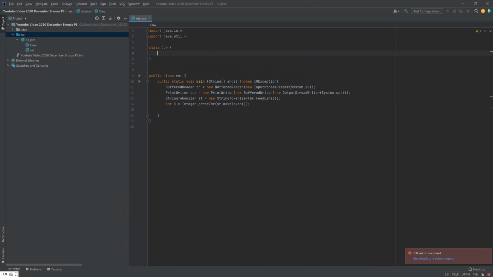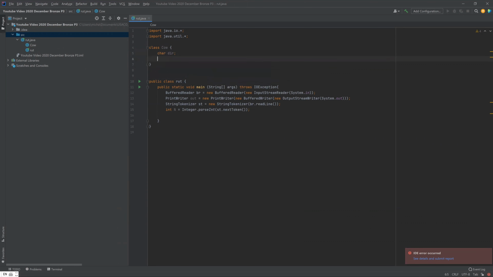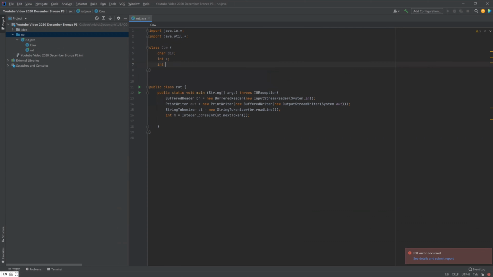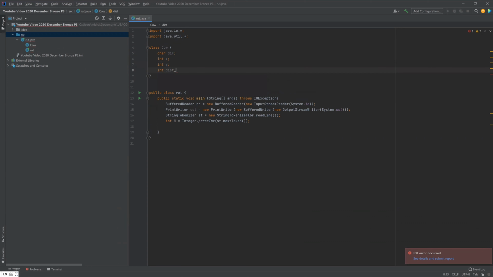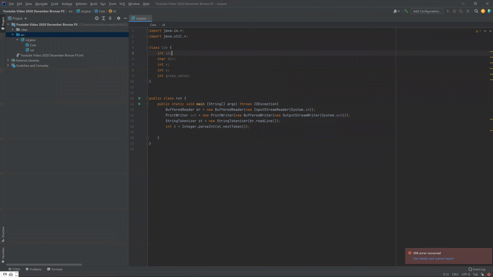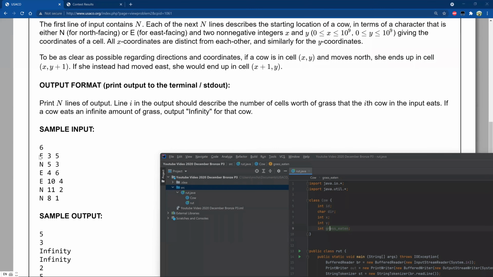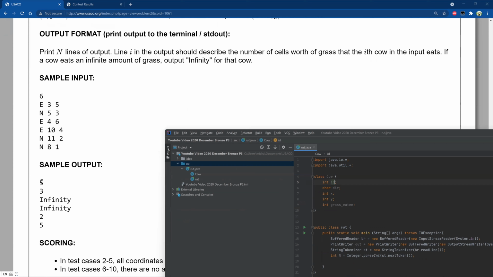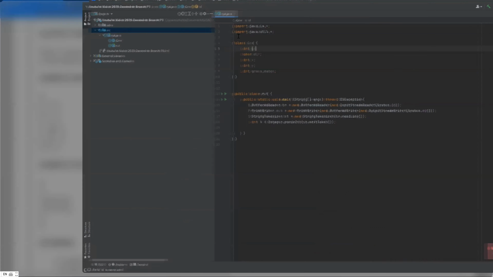We have character direction, integer x, integer y, and integer distance traveled, or grass eaten. And I get an integer ID, which is basically which cow it is that we input. The first cow will have an ID of 1, the second cow an ID of 2, etc. That will help us when we get the output.